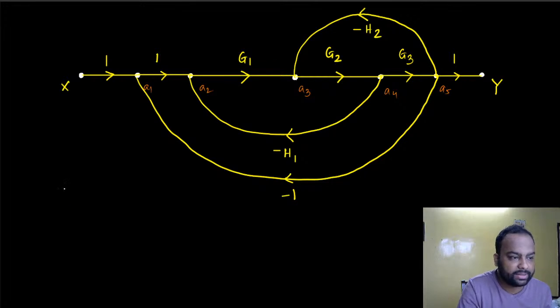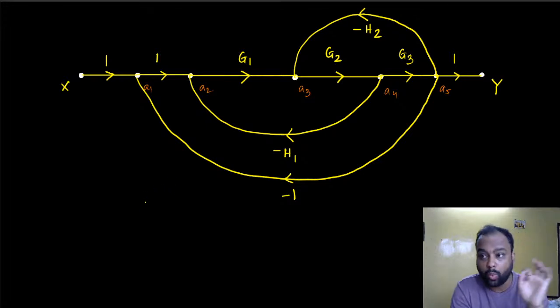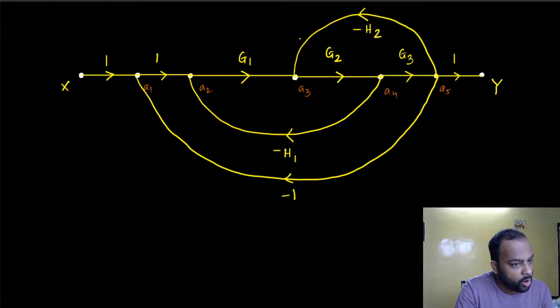What are Mks? So Mks, those are the forward path gains, I said. Now the question is, what is a forward path? A forward path is a path in this graph which starts from the starting node or the input node. What is the input node? This one. This one is the input node and the path ends at the output node.